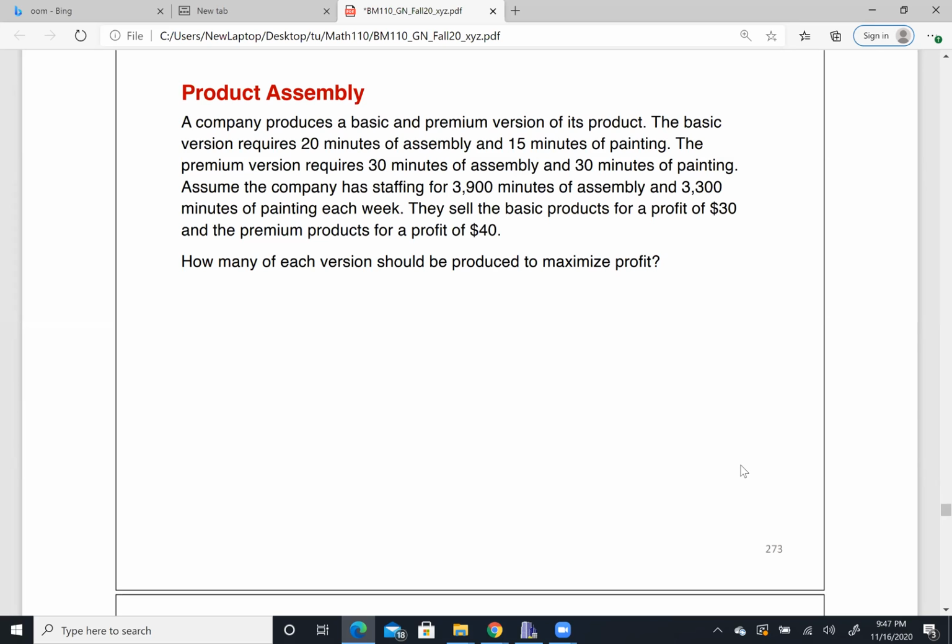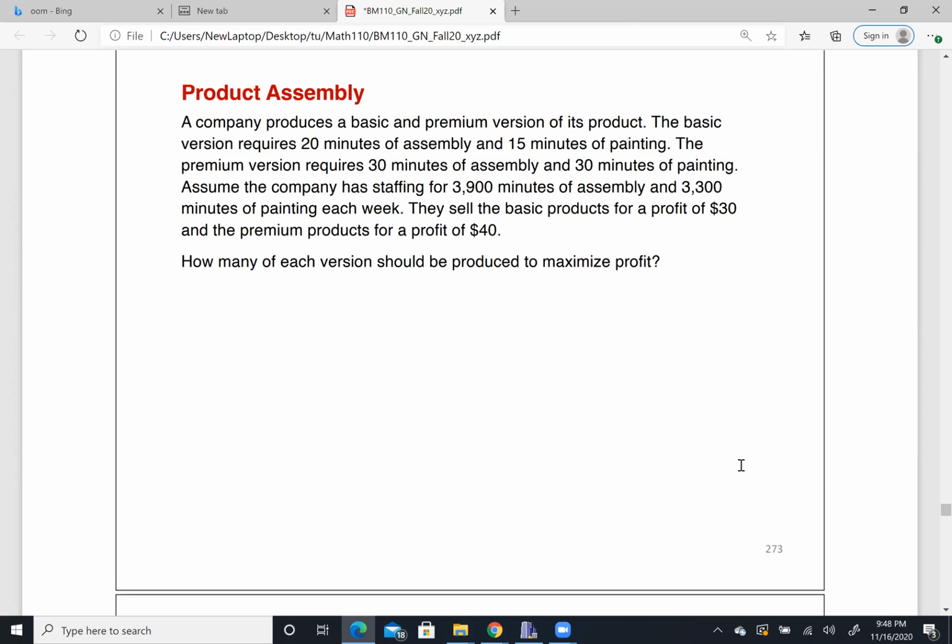Assume the company has staffing for 3,900 minutes of assembly and 3,200 minutes of painting each week. They sell the basic product for a profit of $30 and the premium product for a profit of $40. So how many of each version should be produced to maximize profit?